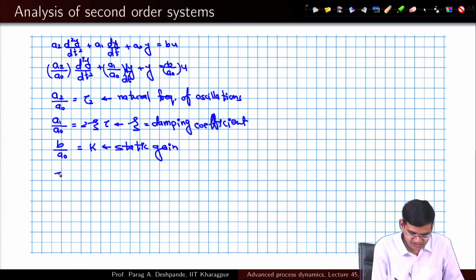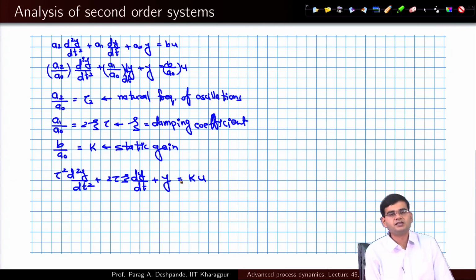So, I can write this as tau squared d2y by dt squared plus 2 tau zeta dy by dt plus y is equal to k times u. Now, the next step would be to do the Laplace transformation.